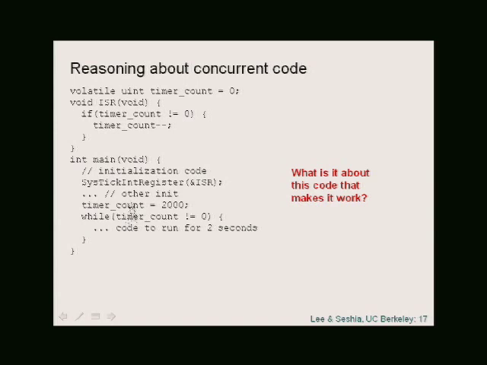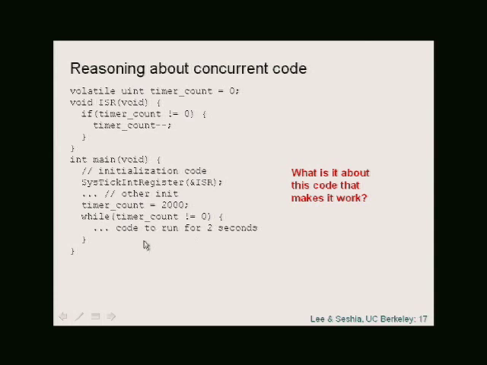So you actually hit the 2-second boundary, but you have no way to stop this code. So you run the code to completion, and then you reach here, and then timer count is 0, and then you quit. But you've taken 2 seconds plus a few microseconds, right? So that's entirely possible.